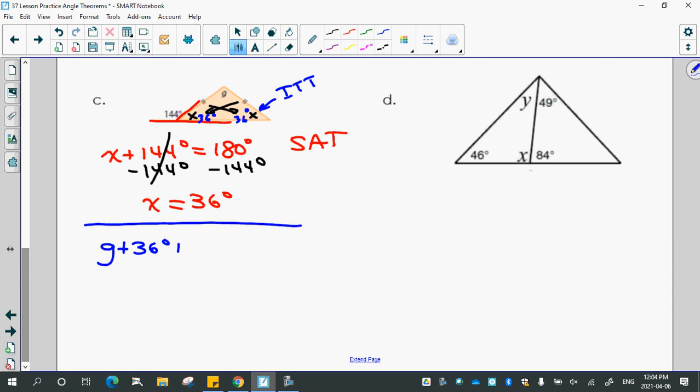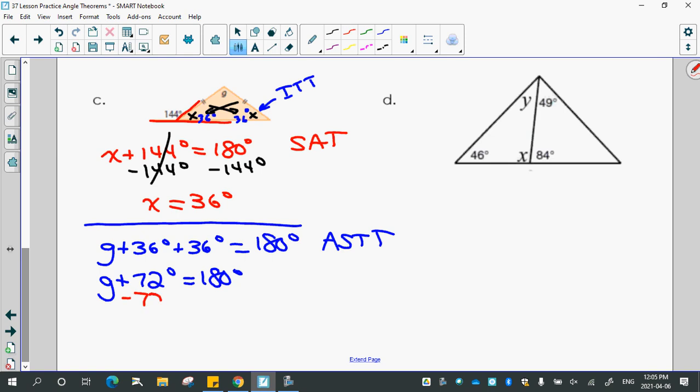So the three interior angles in the triangle add up to 180, that's ASTT. So G plus 72 degrees equals 180 degrees. So G ends up being 108 degrees.